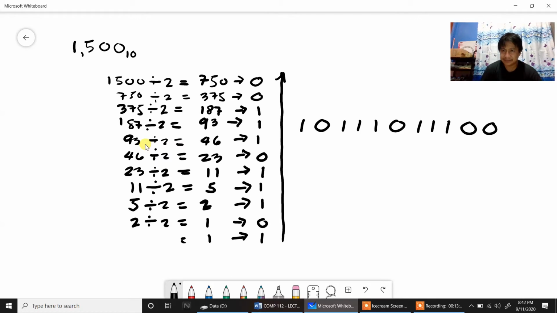So this is 1, 2, 4, 8, 16, 32, 64, 128, 256, 512, and 1024. Okay, so we will just remove those numbers that have no value, which is 0. So we try to add.